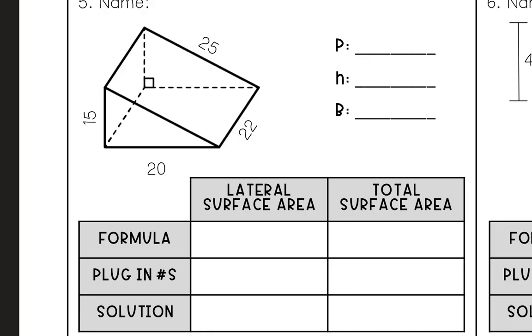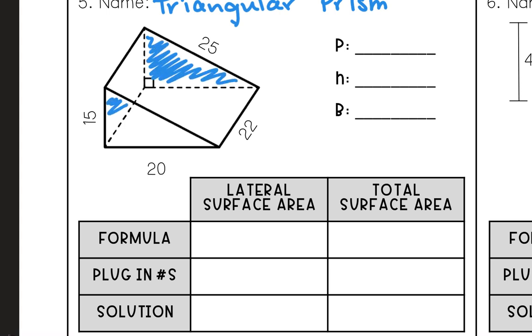Okay, so I went ahead and skipped to number 5. The first thing we're going to do is identify our shape, and we're still working with a triangular prism. So I need to identify my bases. It is these triangular shapes. The first thing I need to do is find the perimeter of the base.